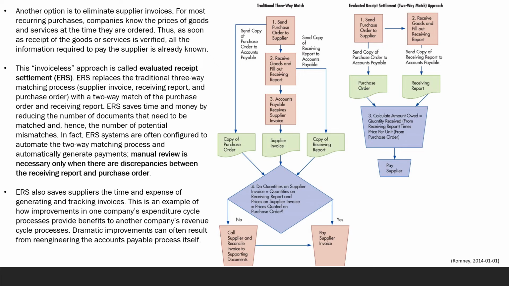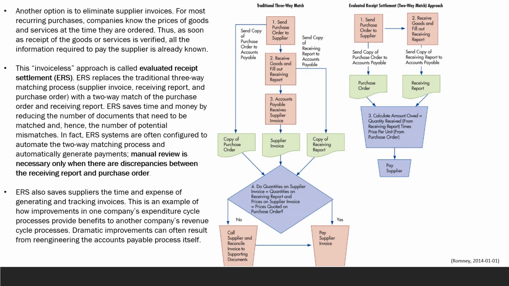Now here's the two-way matching system. If we choose to do this, we can actually do both if we want to, for suppliers that don't have an EDI system. So one, what will happen in the ERS system is the same thing: send the purchase order to the supplier, and send a copy of the purchase order to accounts payable. So we'll have the purchase order.